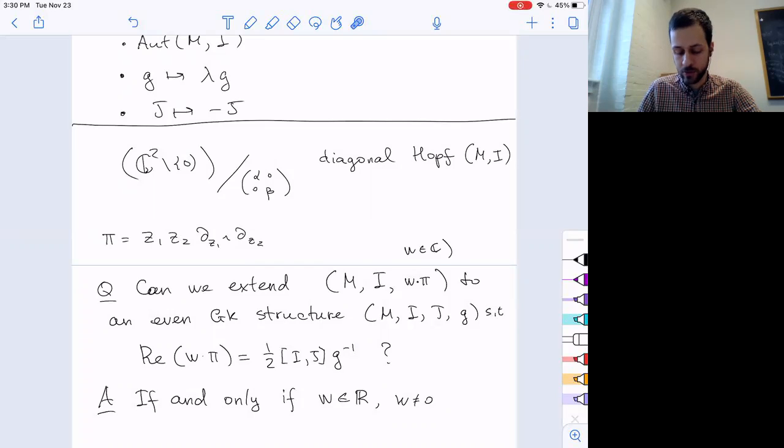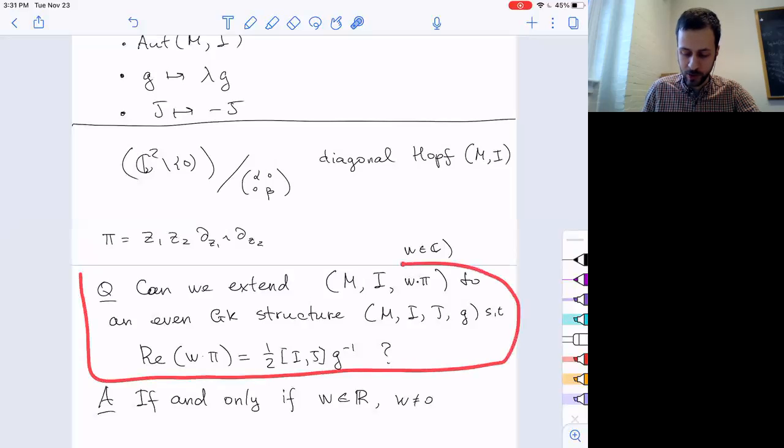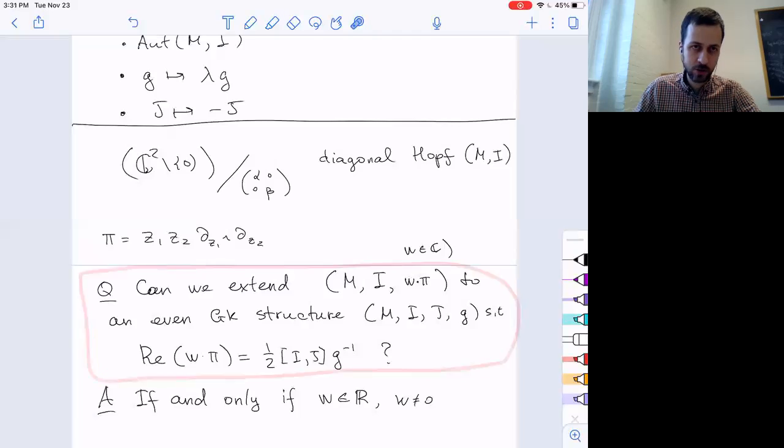Based on this expectation, we understood that there should be a restriction on the Poisson tensor which can be attached to a generalized Kähler structure on a Hopf surface. After you guess what should be true, it's then easier to prove.